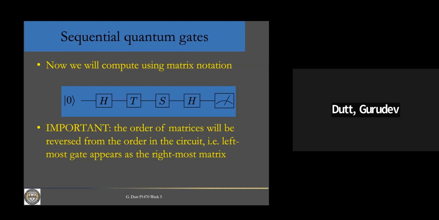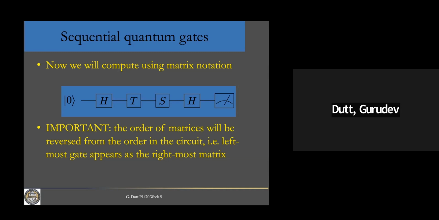The only thing you have to remember, which I have written here so that you don't get confused, is that the order of the matrices that we are multiplying will be reversed from the order in the circuit. That is, the leftmost gate appears as the rightmost matrix. That's because of the way a matrix works in a time sense: the state 0, the first gate that acts on it is H. So the first output is H times 0.